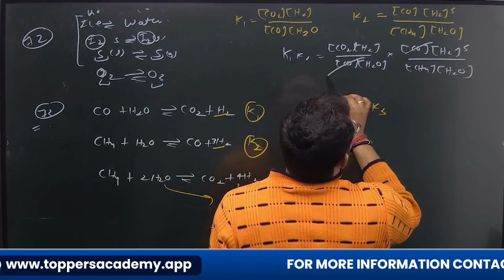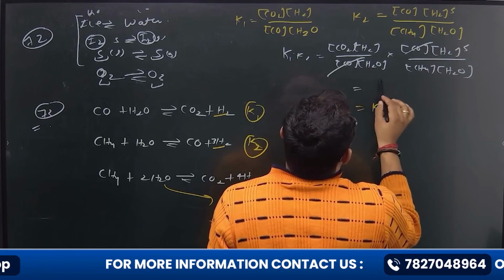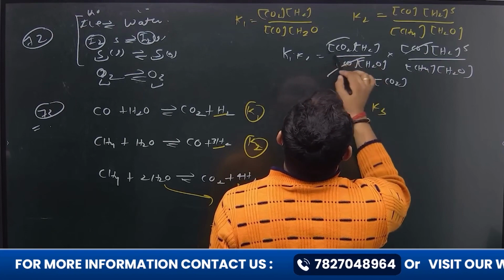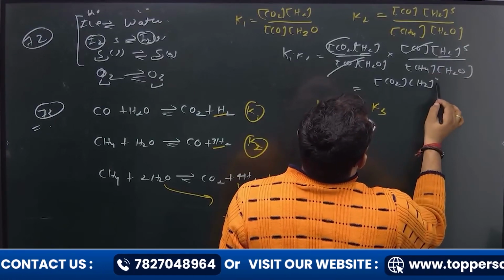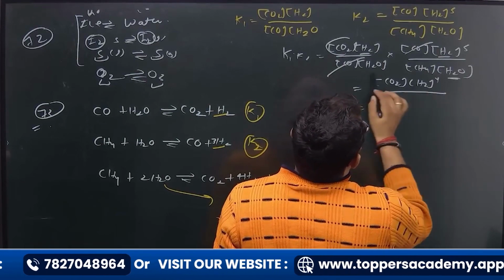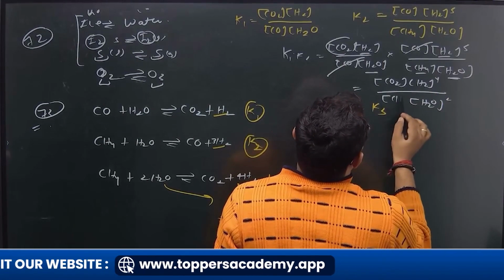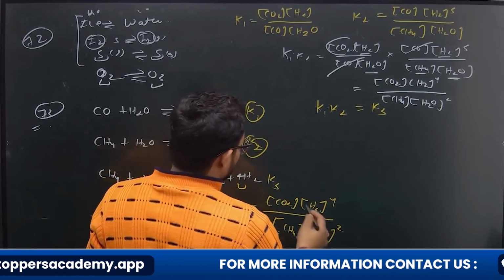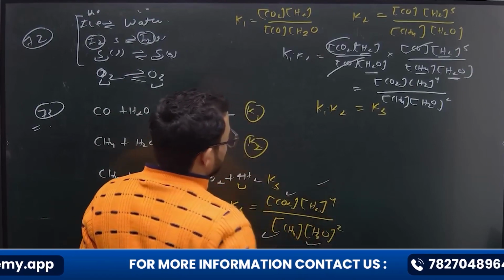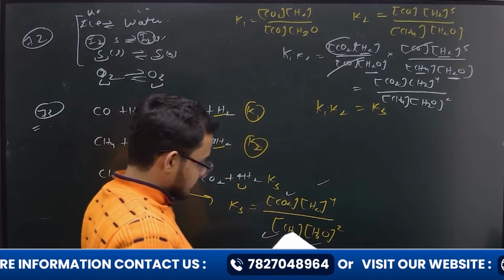CO is cancelled. So what will be left at the top? Only CO2, H2 and H2 to the power 3, so H2 to the power 4. At the bottom, H2O square and CH4. Now you'll see CO2 and H2 to the power 4 upon CH4, H2O whole square, is equal to K3.